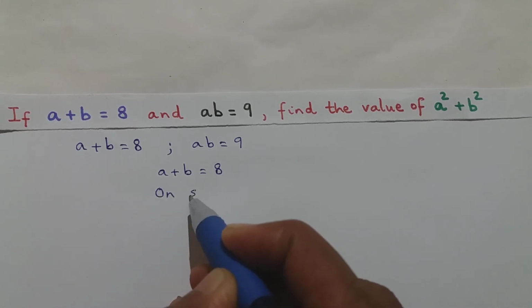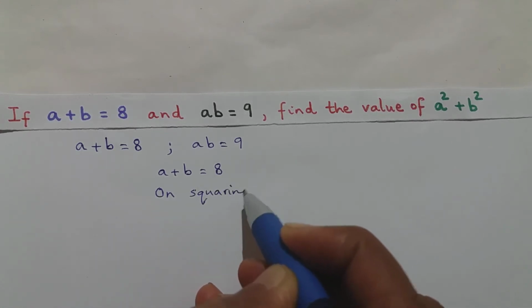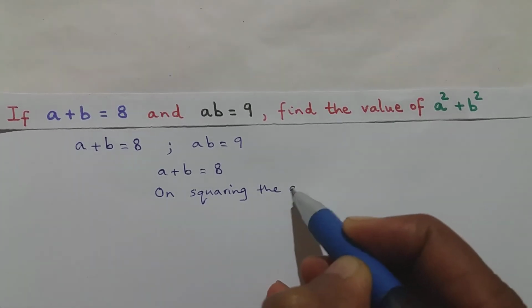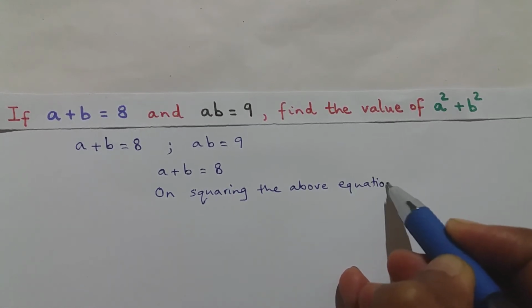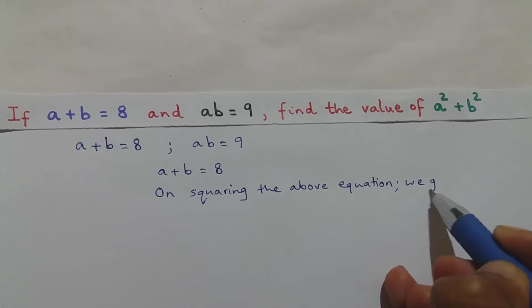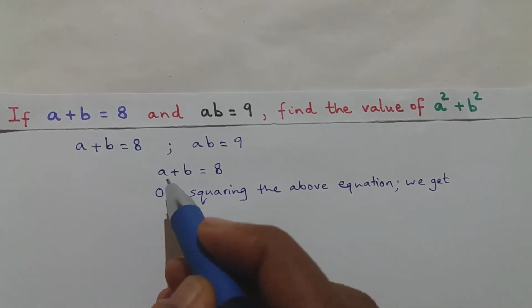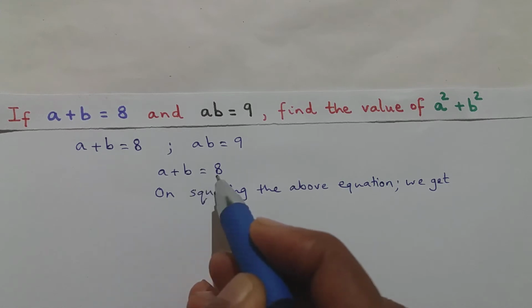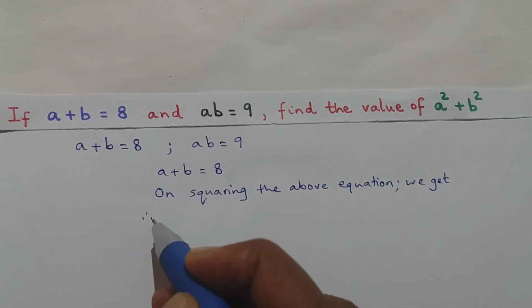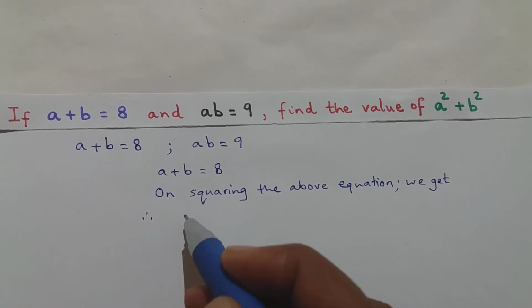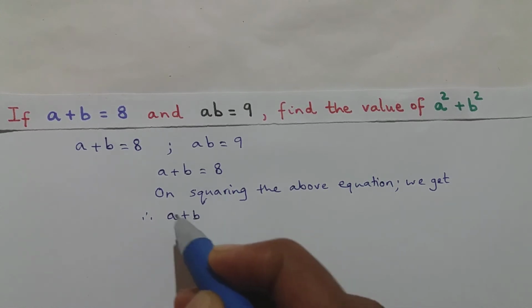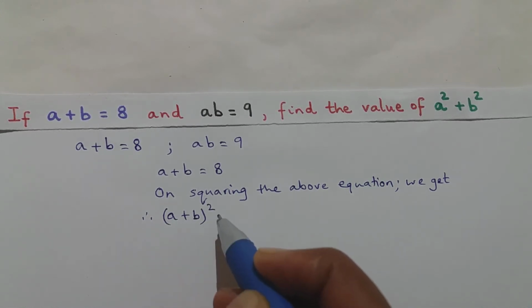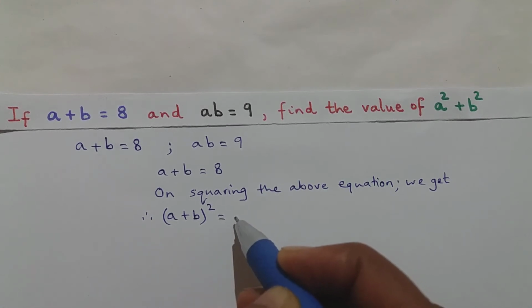On squaring the equation, the left hand side will become a plus b whole square, and the right hand side will become 8 square.